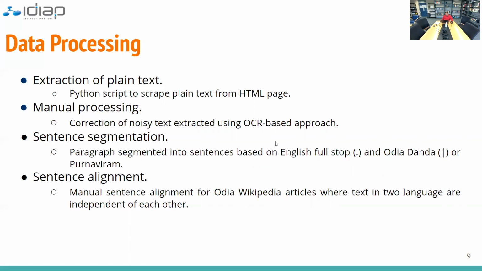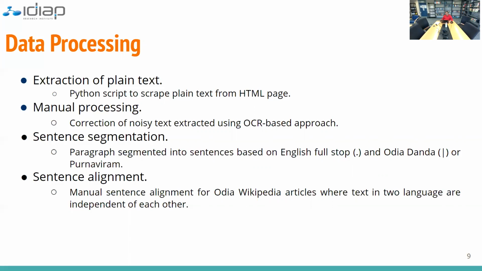The major problem we found in the Odia Wikipedia is that it is not properly one-to-one aligned. Even if you look at it, there is not an exact mapping from English to Odia. For example, from one English sentence there can be 2 to 3 sentences in Odia.